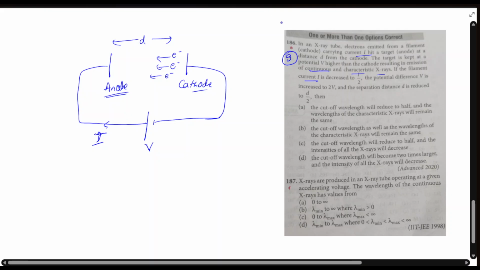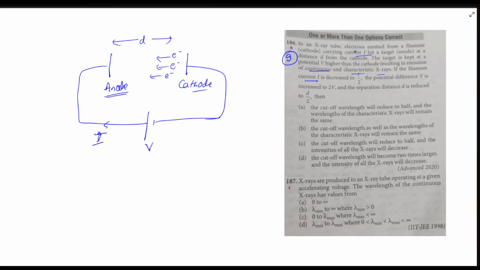This current I is the filament current, so look, this is not the I we're talking about here. These electrons are carrying current I. Perfect. Now this current becomes I by 2, this d becomes d by 2, and this V becomes 2V.